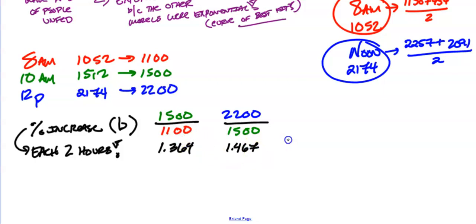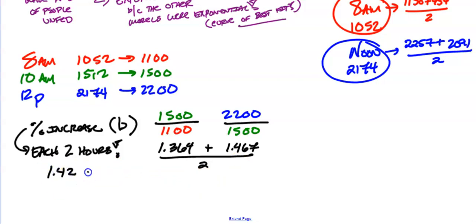If we want something in between, we can add 1.364 plus 1.467, and that's 2.831, and we can divide that by 2. So we add these, then divide by 2, and we get something in the middle, which is 1.415 or 1.42. So this becomes 1.42.